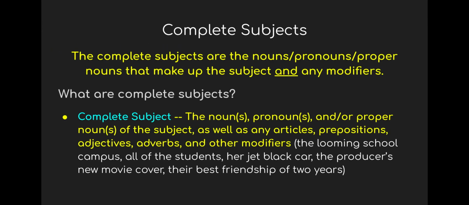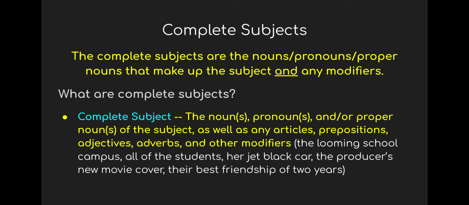All right, complete subjects. We know what simple subjects are now, so now we have to understand what is a complete subject. The complete subjects are the nouns, pronouns, proper nouns, etc. that make up the subject and any of the modifiers. So with the simple subject, you leave out the modifiers. With the complete subject, you are including the modifiers. So let's look at what that means.